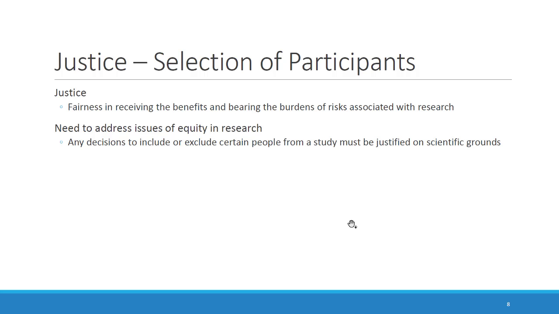So any decisions to include or exclude certain groups of people from a study must be justified on scientific grounds. One example that I can think of is that if a study is being done on pregnant people, then maybe the study would be limited to females.